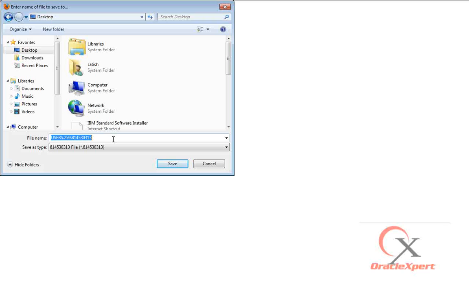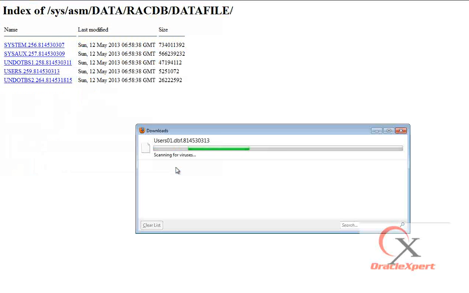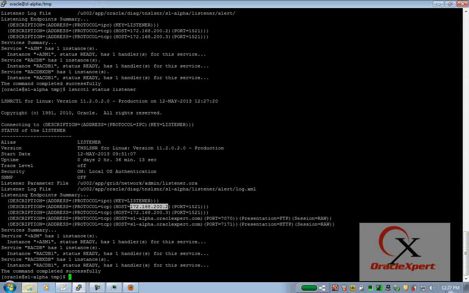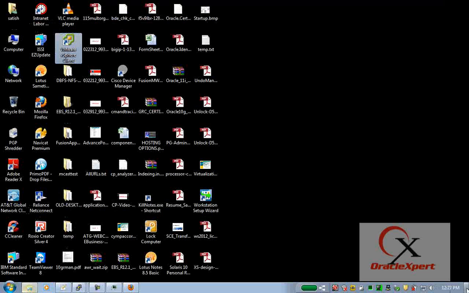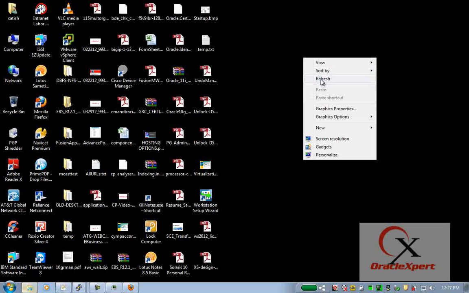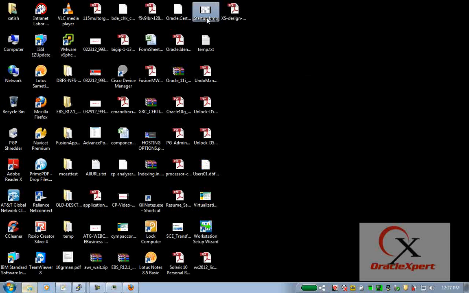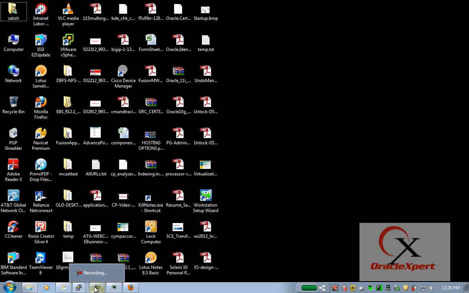I am saving this file with whatsoever name, users01.dbf. See here, the file is copied using an HTTP interface. I am removing this.